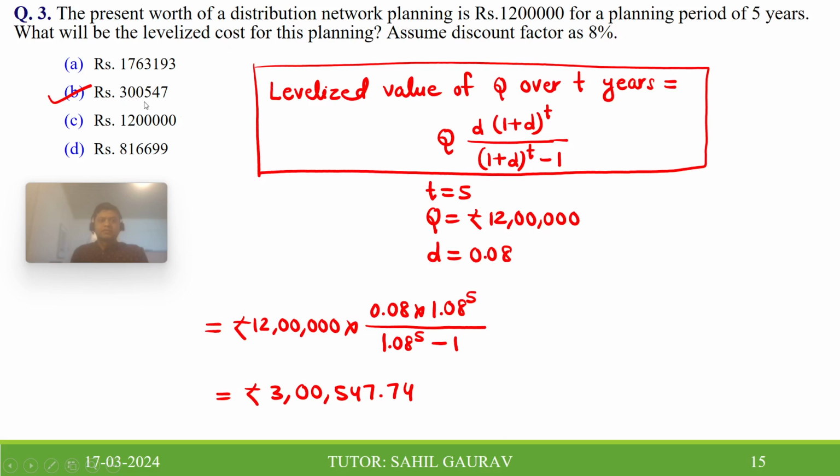So it is coming as 3 lakh 547, and the other option is 8 lakh 16,699. So from the options you can easily predict. If you don't have enough time, you can predict which option is going to be correct based on your understanding.